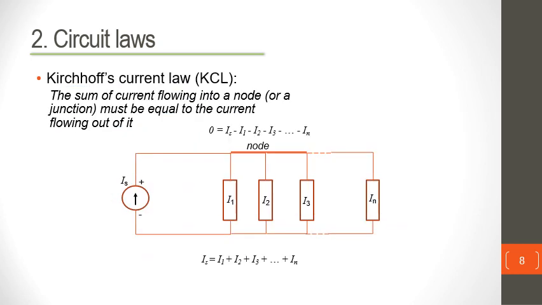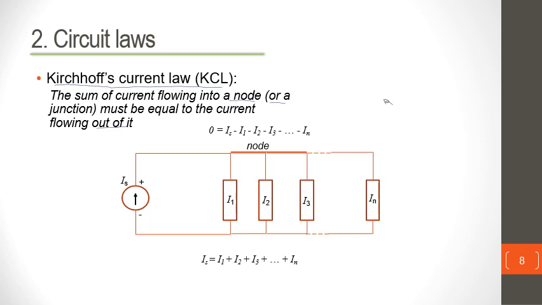The next circuit law, which is interesting, is called the KCL, the Kirchhoff current law, which simply says the sum of currents flowing into a node or a junction must be equal to the sum of currents flowing out of it. So the amount of current is conserved.